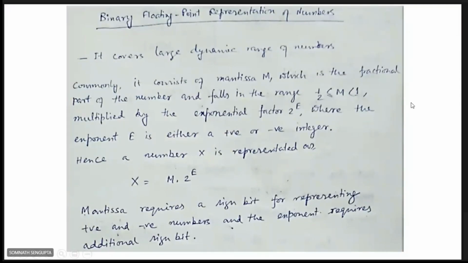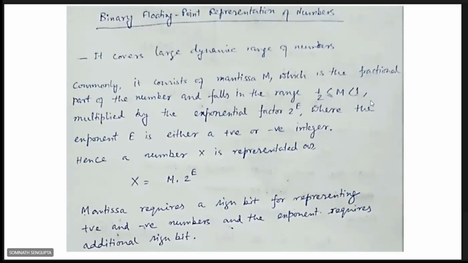So if it is 0.1, the mantissa means 0.5 or half. If it is 1.1, it means minus half. So 1 before the binary point represents a negative mantissa, and if it is 0, then it is a positive number.